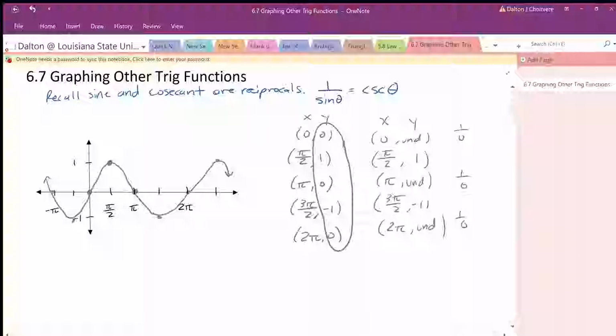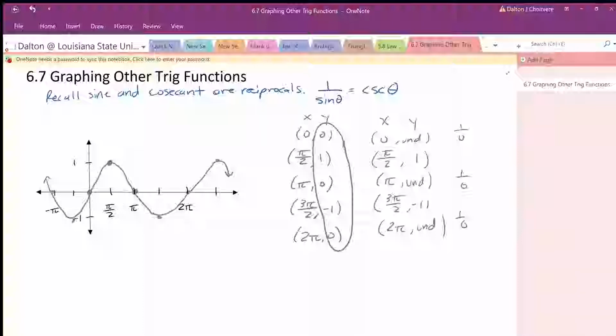So you're going to notice at all of my whole pi values, 0, pi, 2 pi, and it would continue to repeat itself, I have undefined values, which means for the cosecant function, and I'm going to graph my cosecant in a different color, we're going to have asymptotes at those x values.